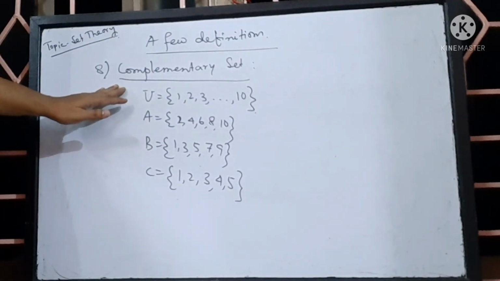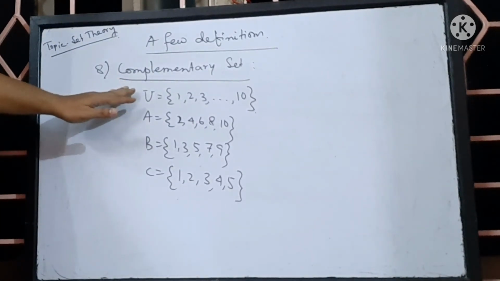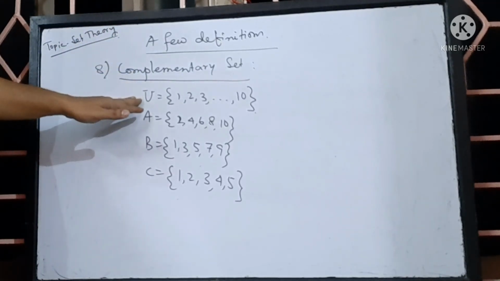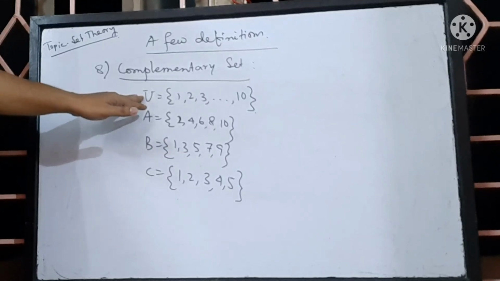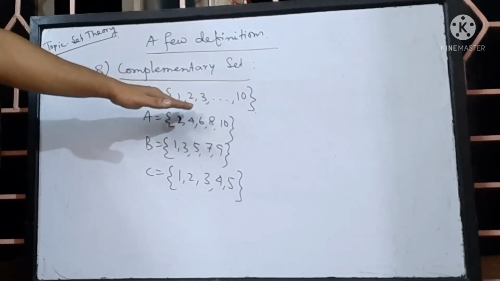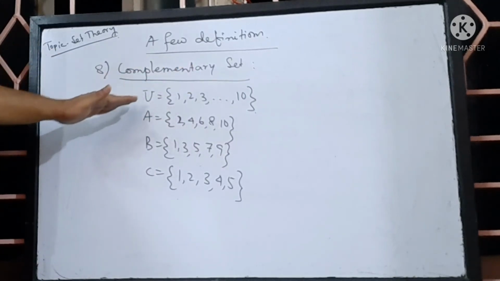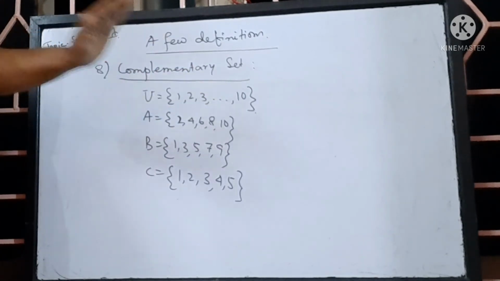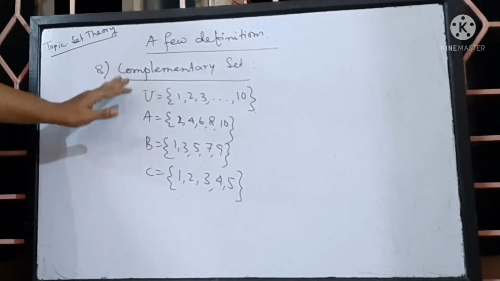Complementary set. Here we are taking U, the universal set, as the set 1, 2, 3 up to 10. To understand this definition, we are simply taking U as 1, 2, 3 up to 10, a universal set in this context.